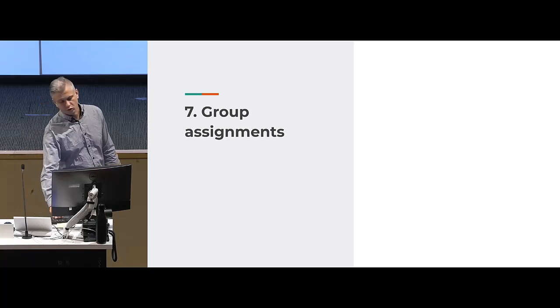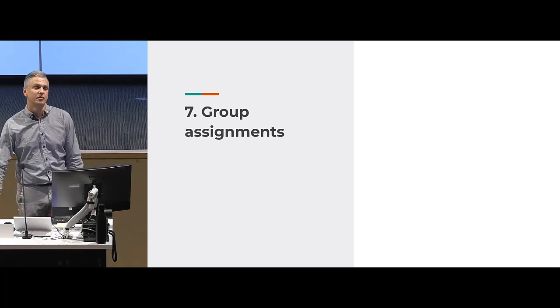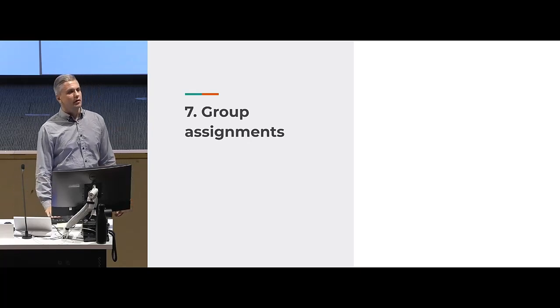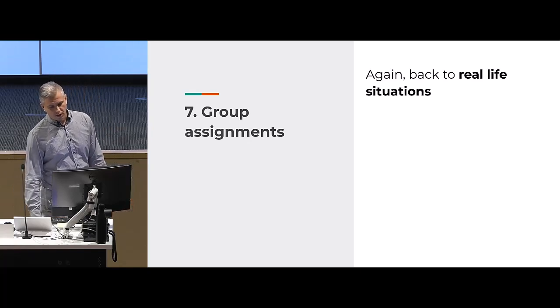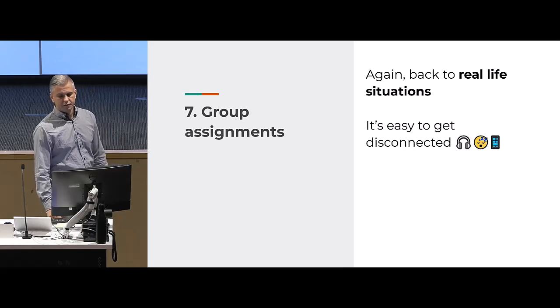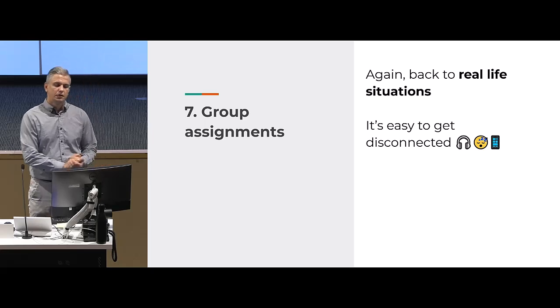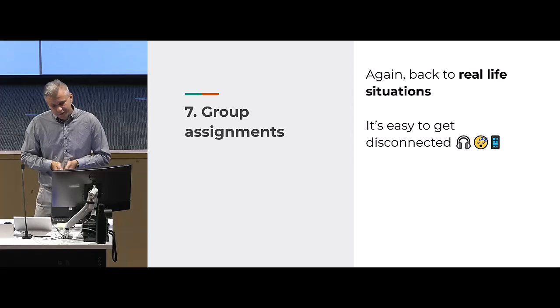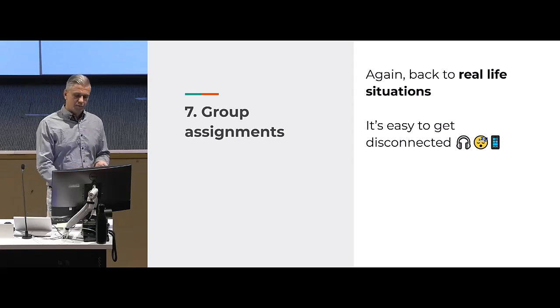Number 7, group assignments. Another great tool I found to counter the generative AI tools. Because, guess what? Once we're back in a real-life situation, it's very easy to disconnect. People sit with their headphones. Some people sleep in the classes. People on the mobile phone.